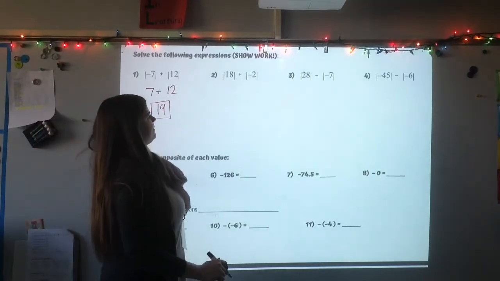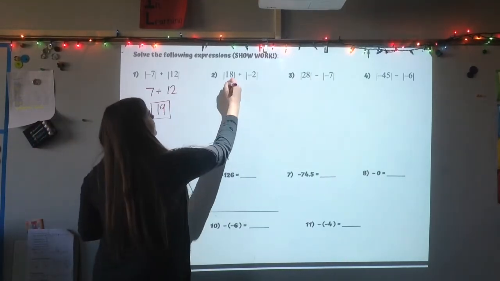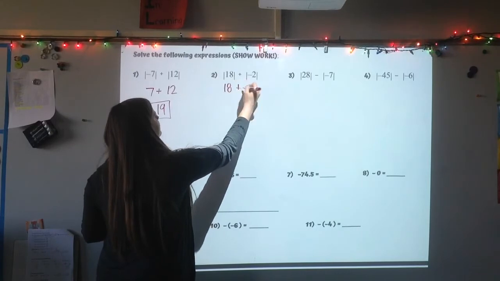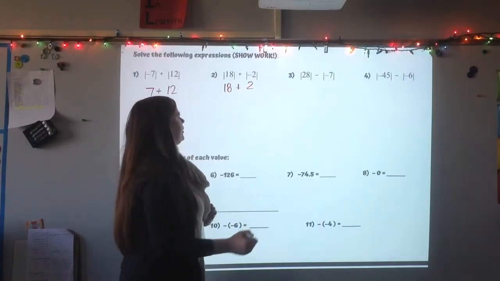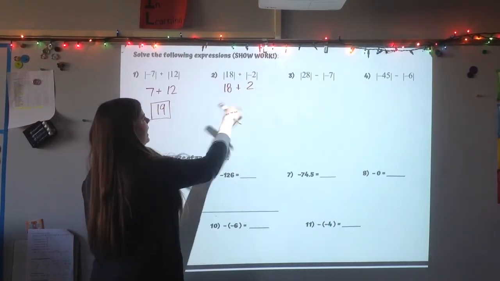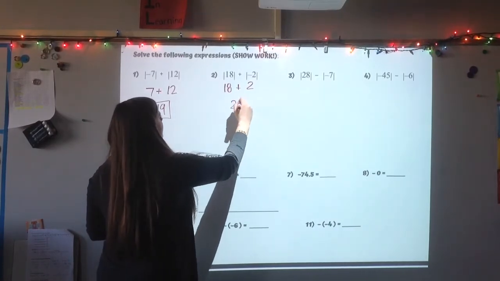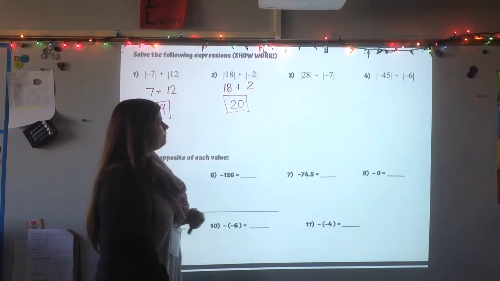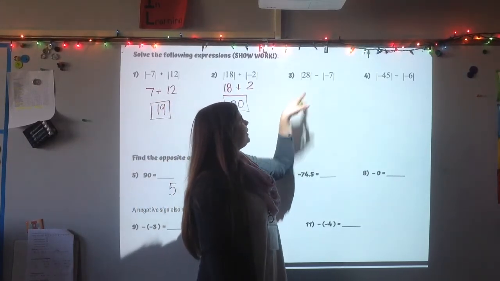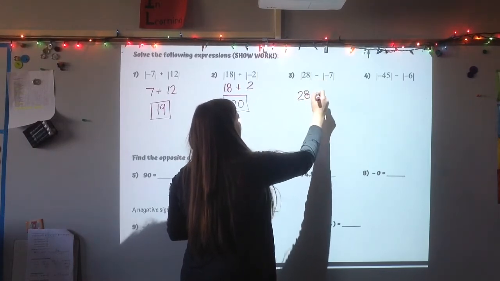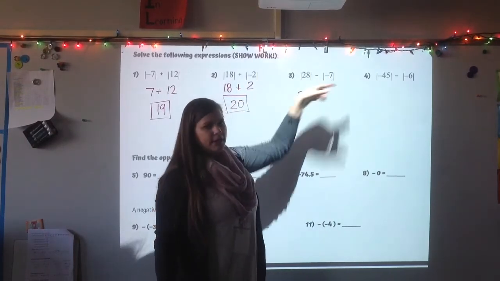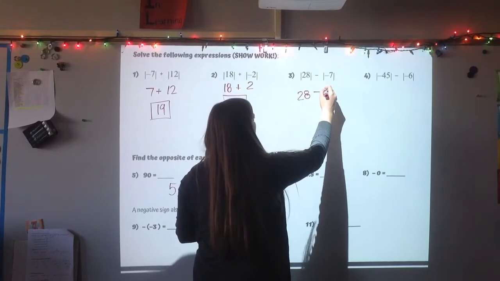Number 2, absolute value of 18 is 18, plus absolute value of -2 is +2, 2 away from 0. 18 plus 2 is 20. Number 3, absolute value of 28 is 28. Then we're subtracting this time. Minus the absolute value of -7. Remember, it's always got to be positive.